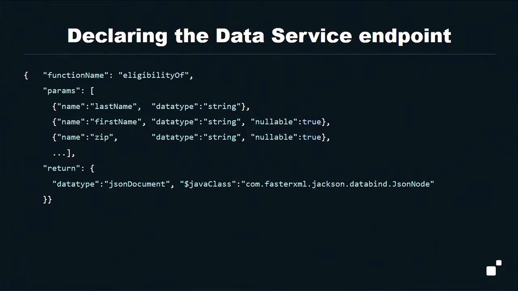And parameters and return values can also have an annotation that's specific to the target. So in this case, we're generating a Java interface, so we can use a Java class annotation to tell the MarkLogic tooling how to represent the values of the return or of the parameter. So in this case, we're saying, when you give me back JSON documents, represent them as a JSON node from the typical Jackson library.